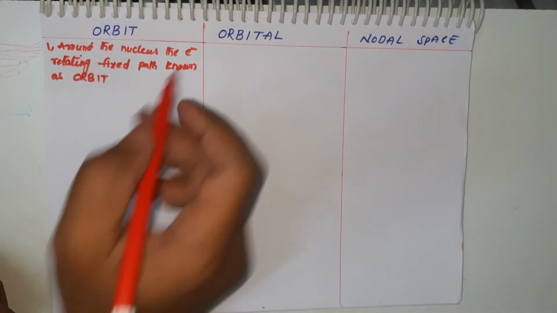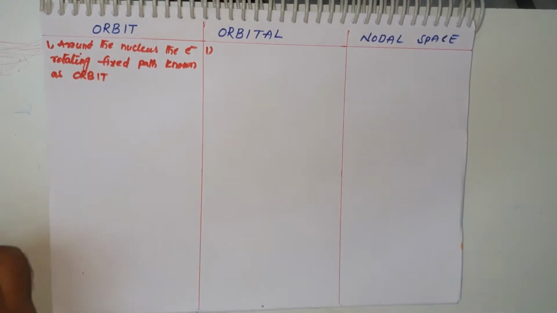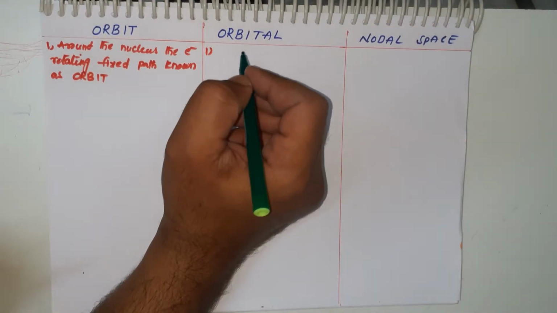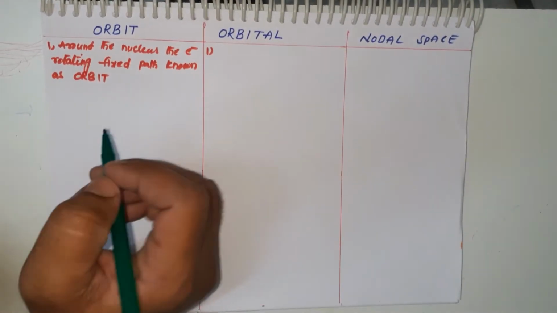And what is orbital? The orbital is the electron binding place.